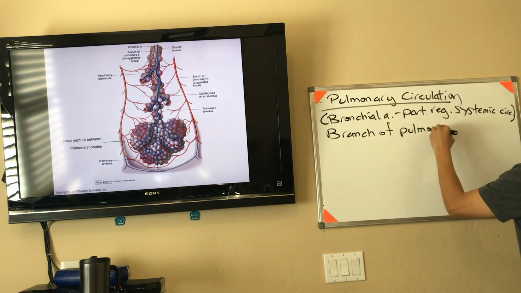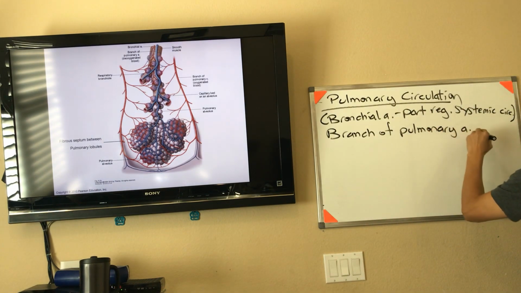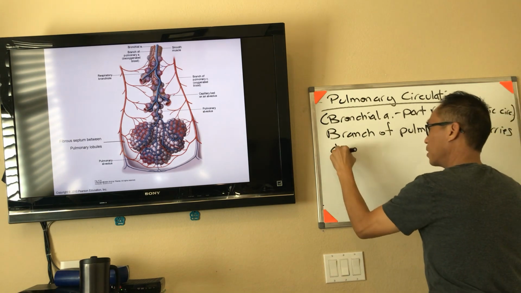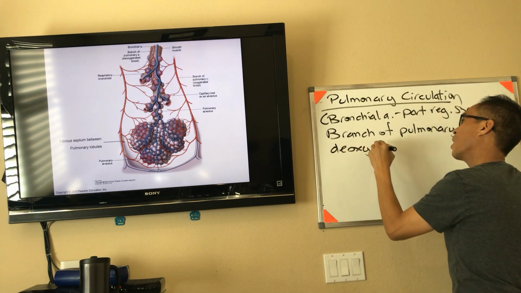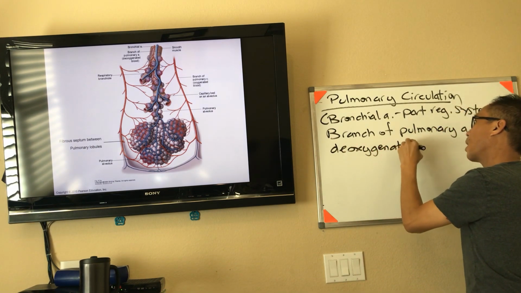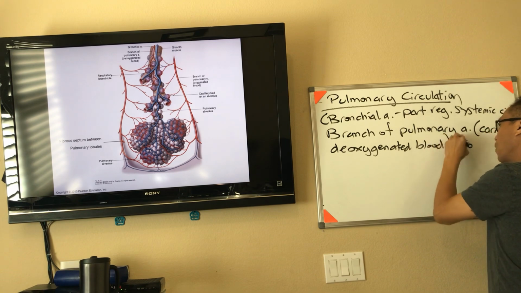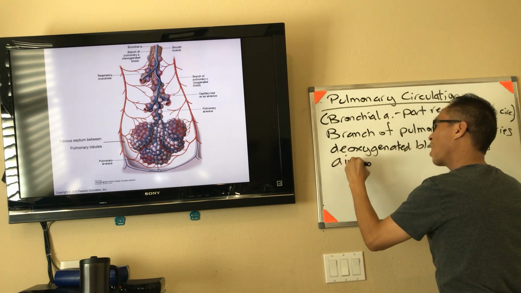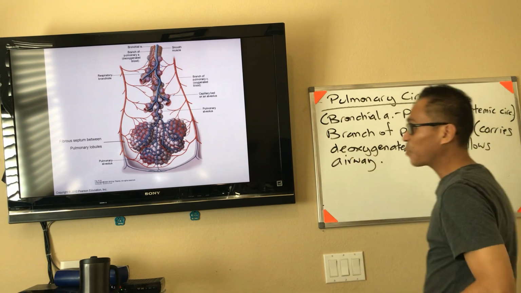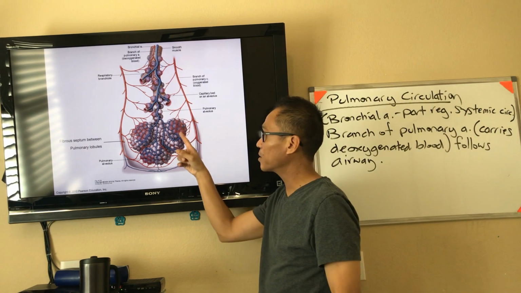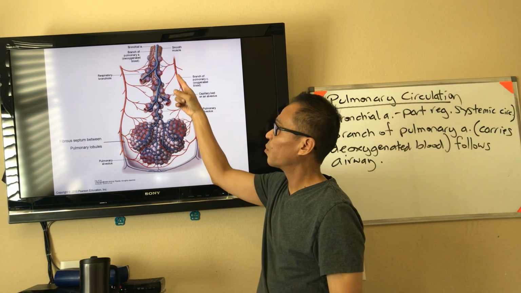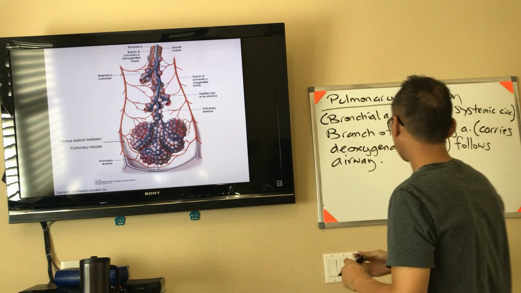Branch of pulmonary arteries carries deoxygenated blood. Follows the airway. Branches out into these little pulmonary capillaries. And then the pulmonary veins on the sides off the airway will drain into the pulmonary veins.